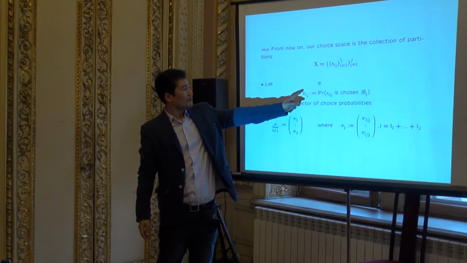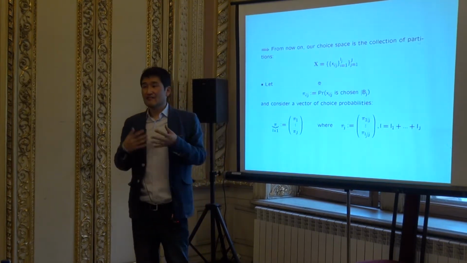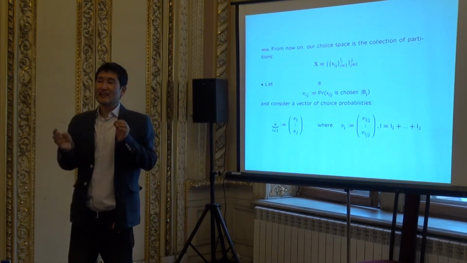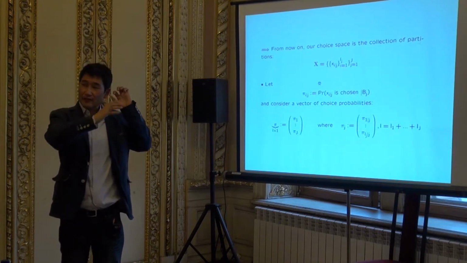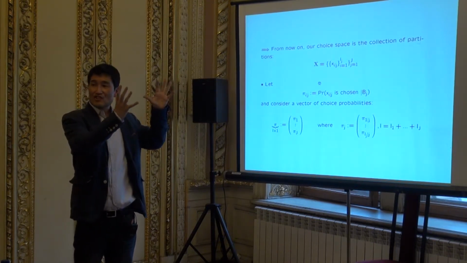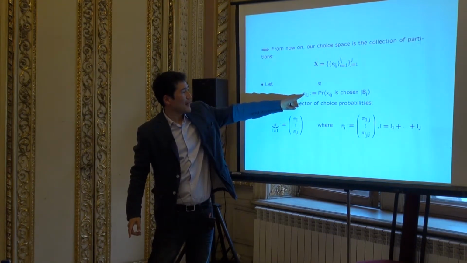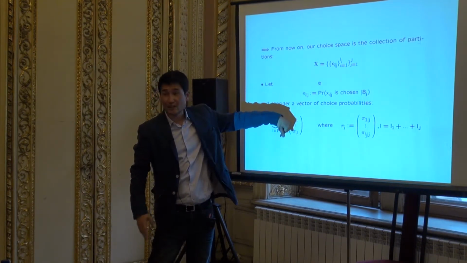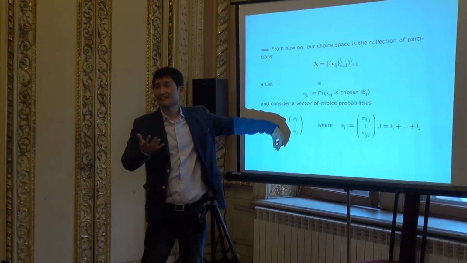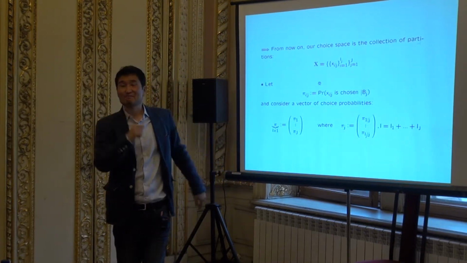So pi of I given J is just the frequency of people facing, say, the red line, choosing, say, the first patch, and then it's pi sub 1 given red.